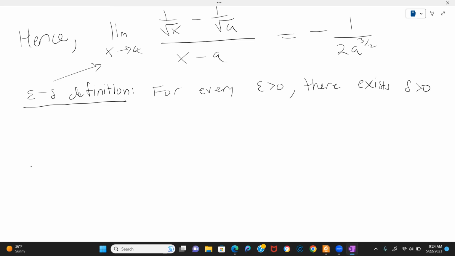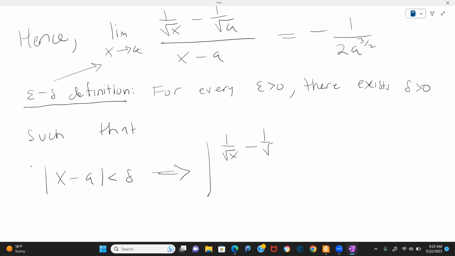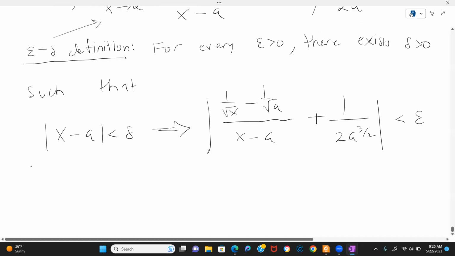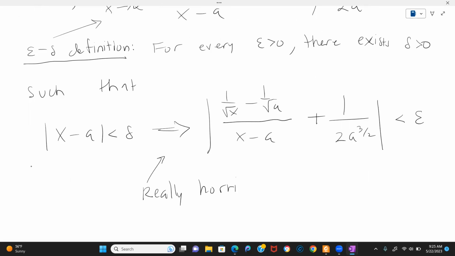So epsilon is given, it's positive, such that if the absolute value of x minus a is less than delta, it implies that 1 over square root of x minus 1 over square root of a, so the function, divided by x minus a, plus 1 over 2 a to the 3 halves, is less than epsilon. And you can see this is really horrible. Who would want to do this? This is a really horrible problem.